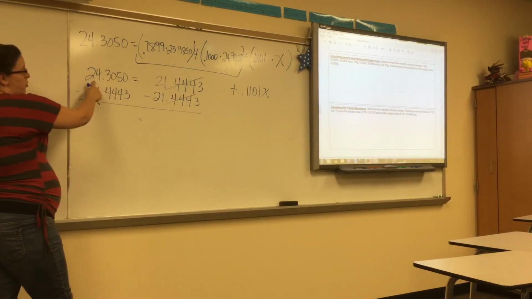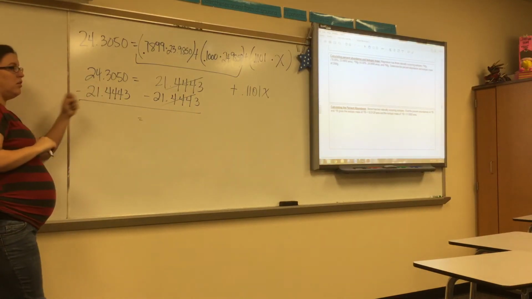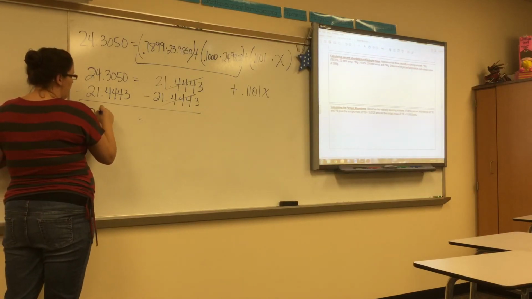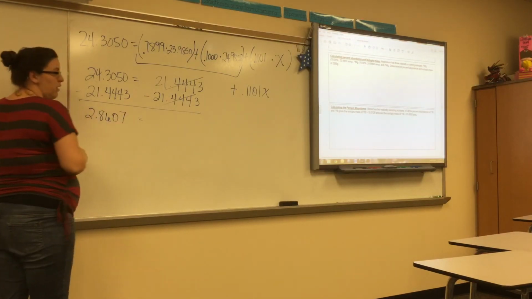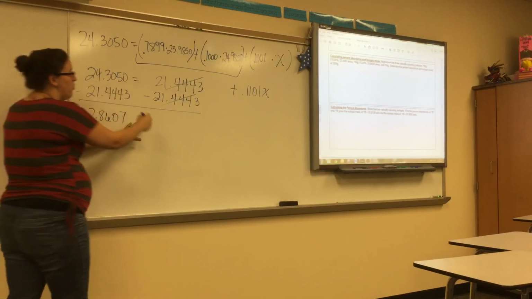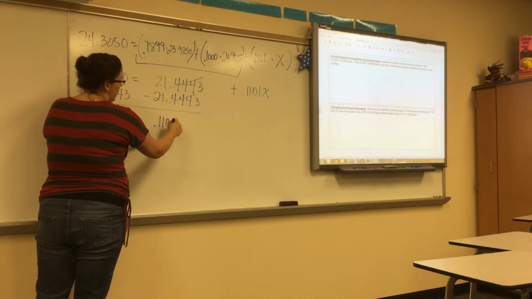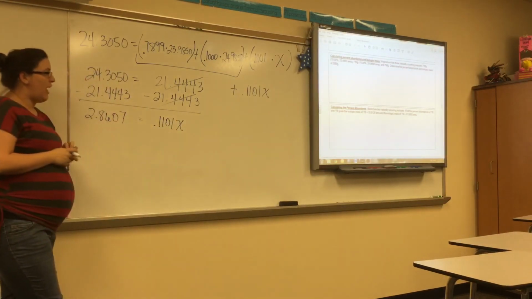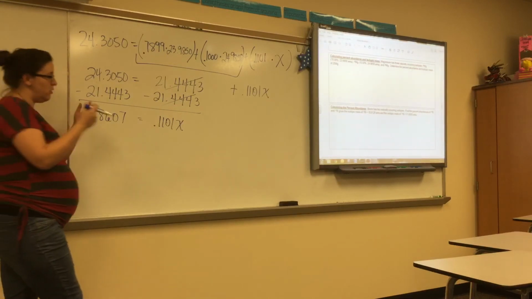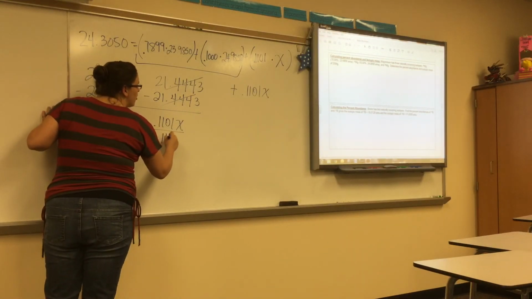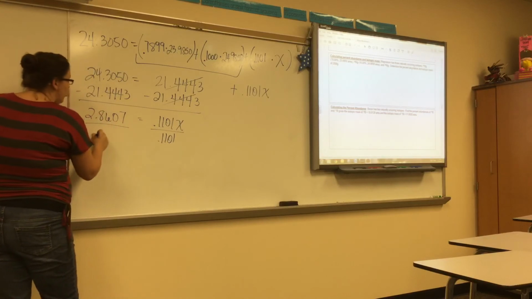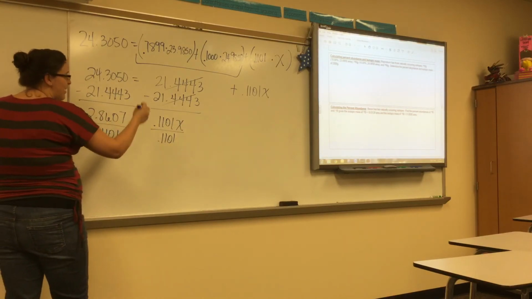This portion, 24.3050 minus 2.8607. Right, and this is going to be equal to what's left over of 0.1101x. Now, how do we get x by itself? Divide. So it's a simple algebra problem, a multi-step algebra problem. You're dealing with decimals here, but you guys have access to the calculator.